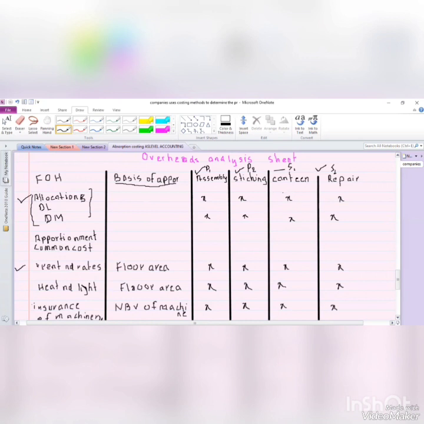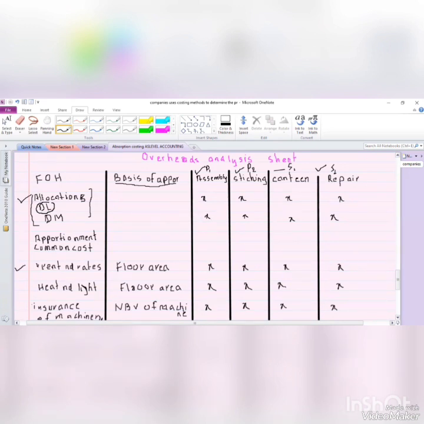For example, there are different workers working in the canteen, different workers in the repair and maintenance department, and different workers in the stitching and assembly department. So we have the cost of direct labor, and in allocation we send different direct labor costs to the different departments. We did the same with direct material, because different materials are used by different departments.